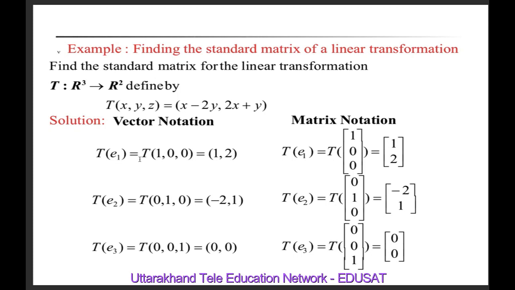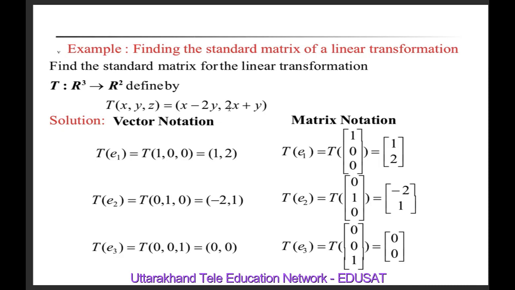So T(e1) is equal to T(1, 0, 0). T(x, y, z) is equal to (x minus 2y, 2x plus y). So for (1, 0, 0), x equal to 1, y equal to 0 and z equal to 0. Here we don't have z in this. So x equal to 1 means 1 minus 2 into 0, which is 1.